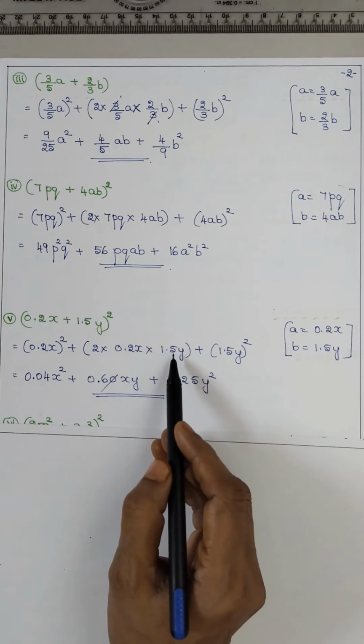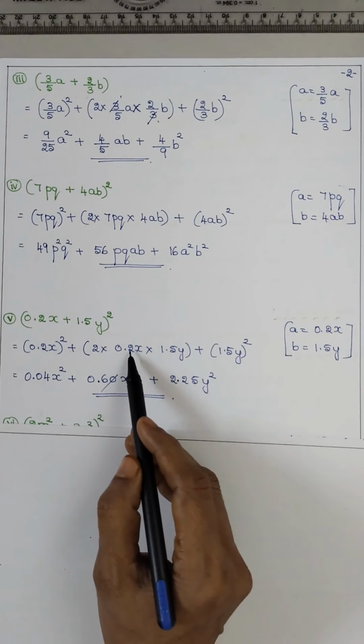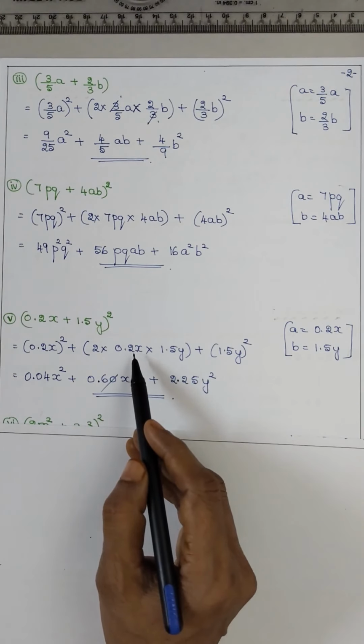But here, at the time of multiplying, 1 decimal and 1 decimal, you have to add, isn't it?